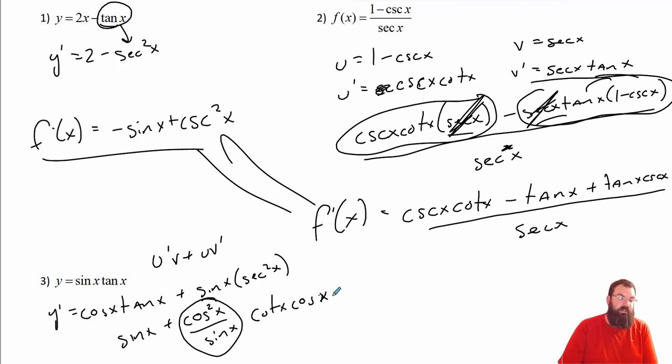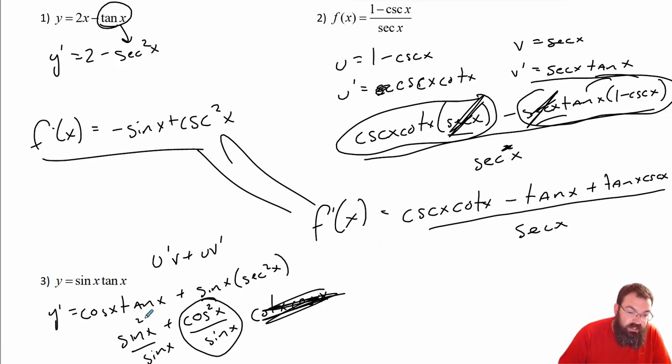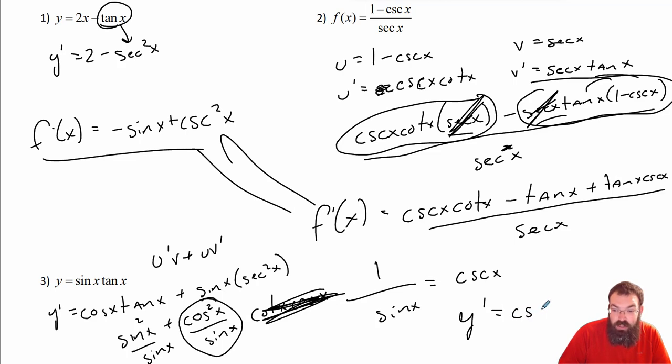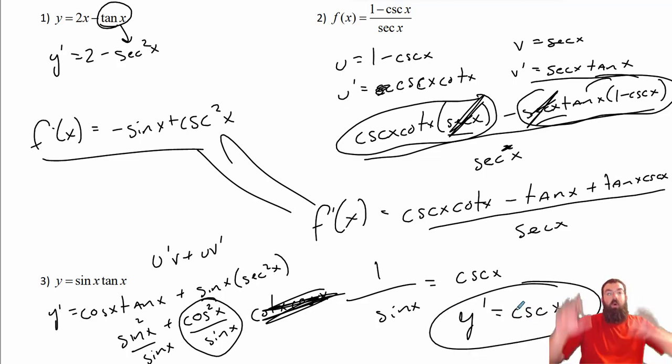If you wanted to find, oh, and then, because I get common denominators, this becomes sine of x and this is sine squared. So this is really sine squared plus cosine squared is 1 over sine of x, which actually becomes, right, cosecant of x. So the derivative actually could become cosecant of x.